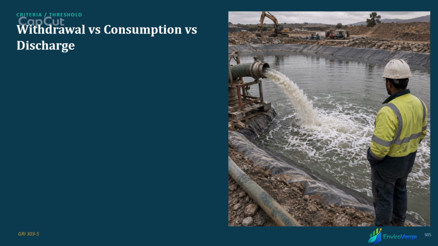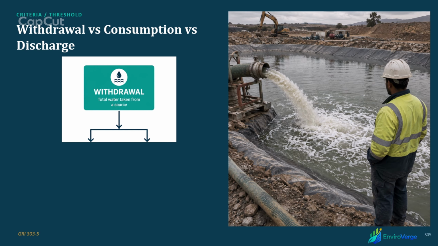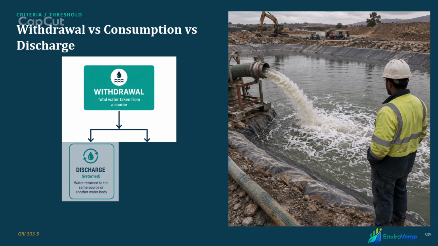3 terms practitioners confuse constantly, and this is the equation that trips up more reports than any other single mistake. Withdrawal is water drawn from any source at all, surface, ground, seawater, produced, or third-party water. That's the total volume taken. Discharge is the returned portion, water released back to a source, by destination at a stated quality.